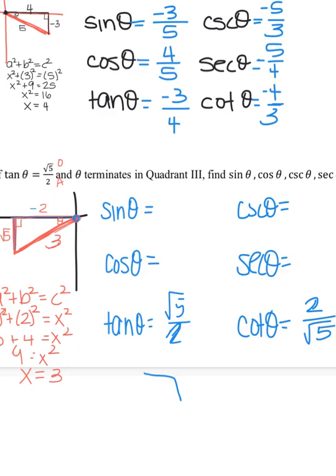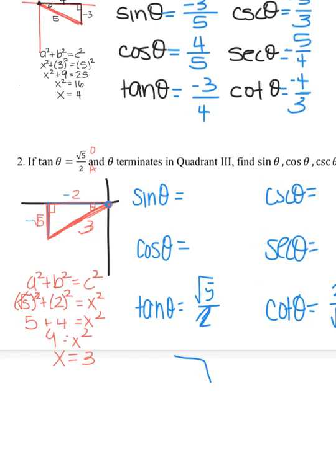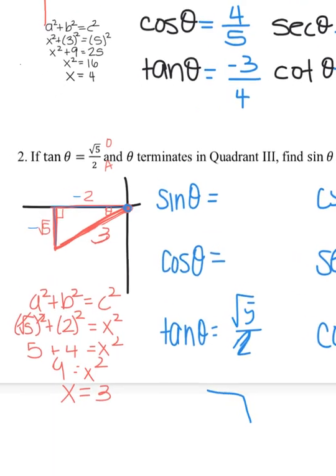So the reason why in tangent and cotangent you don't have negative square root 5 divided by negative 2 is because a negative divided by a negative is a positive. So it cleans up to be this anyway. If you put a negative over a negative, you're technically not wrong. It's just that they cancel each other out. So now sine.